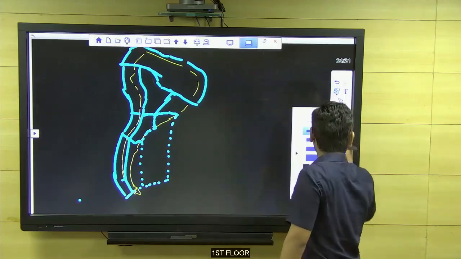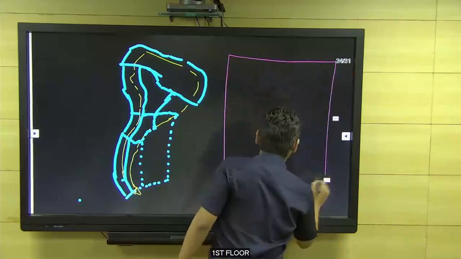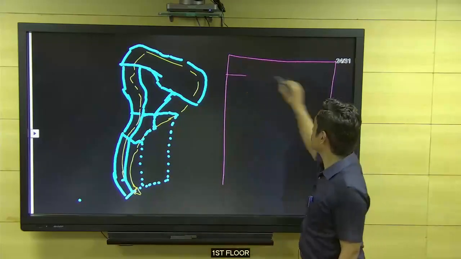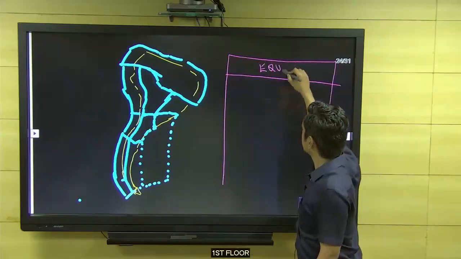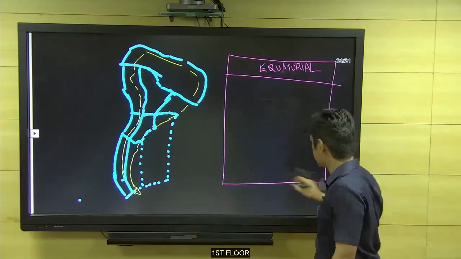Okay, hold on. Same diagram, see? Reverse chart, equatorial is here. Okay, polar is here.